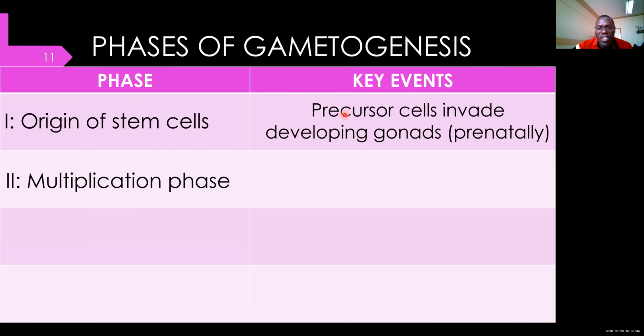For the sake of discussion, let's use the testis. I'm not saying there are 1,000, but let's assume there are 1,000 so that the point I want to make becomes clearer.